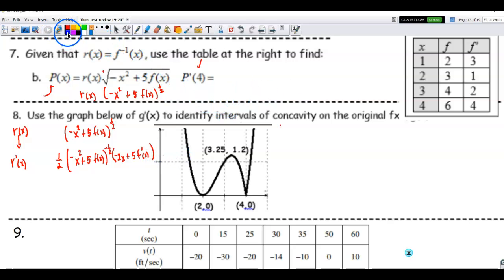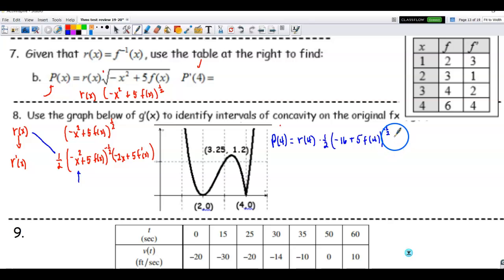Okay, now I'm going to transfer my numbers into that. Let's go slowly. So p prime of 4 is going to be first derivative second. So I need r of 4 times 1/2 of, I'm putting 4 in place of x, so that's going to give me negative 16 plus 5 f of 4, and that's going to be to the negative 1/2 power.